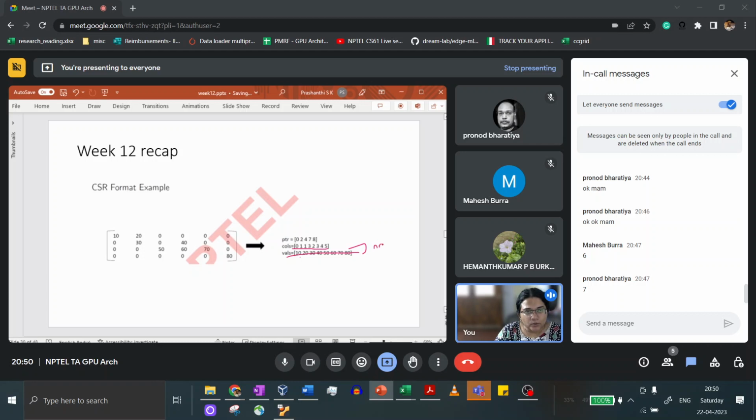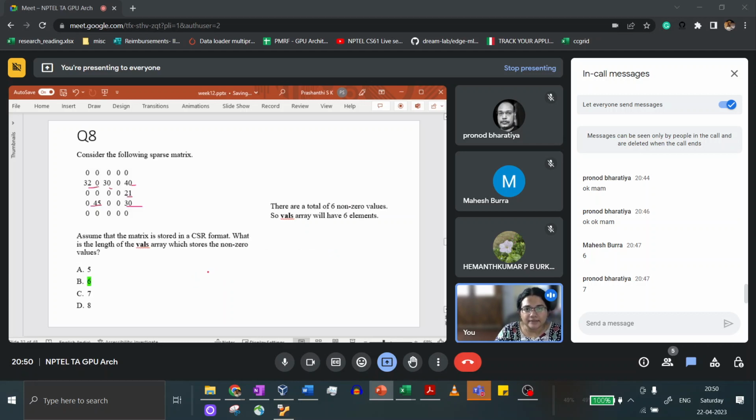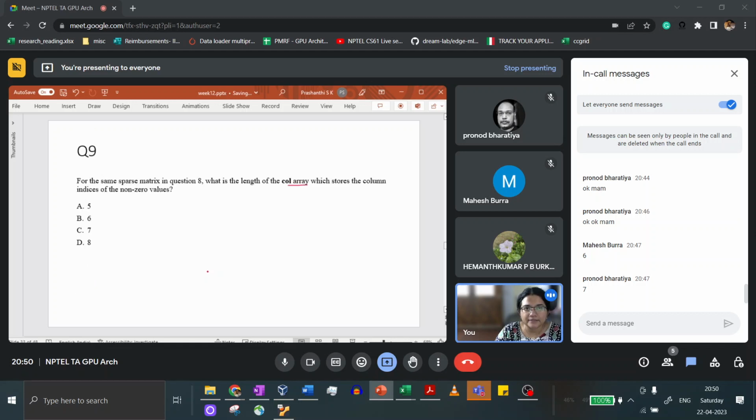That's why both of these are of the length nnz. When you have such questions, you have to go back to your definitions. You have to think about what this represents and therefore what its size will be. So it is also 6. And now the 10th question. For the same sparse matrix in question 8, what is the value of ptr of 2?